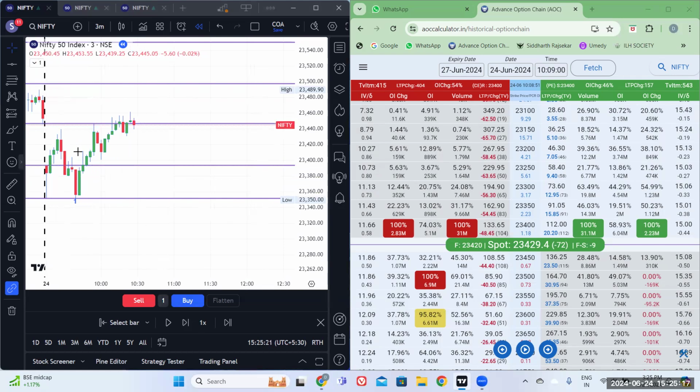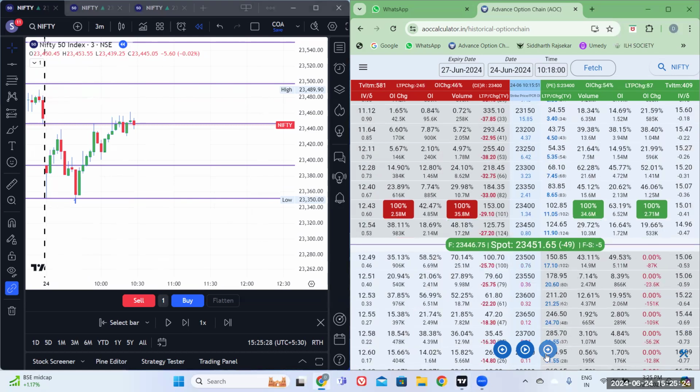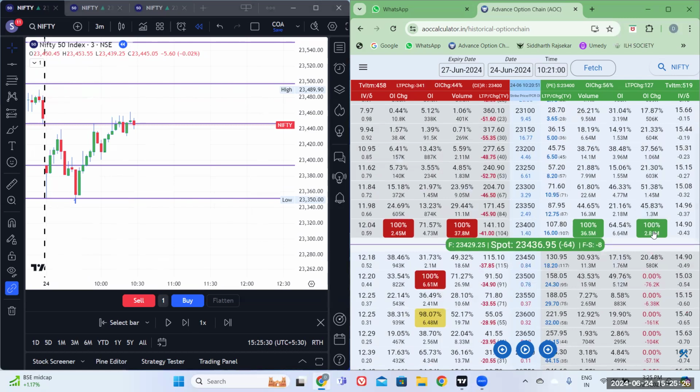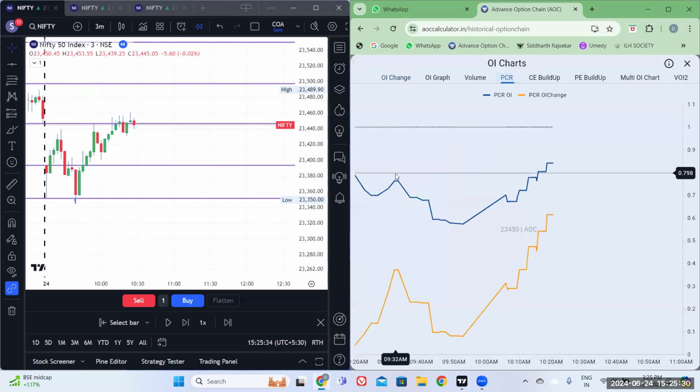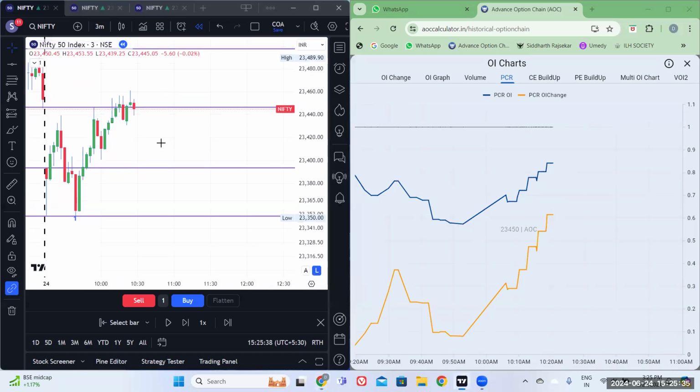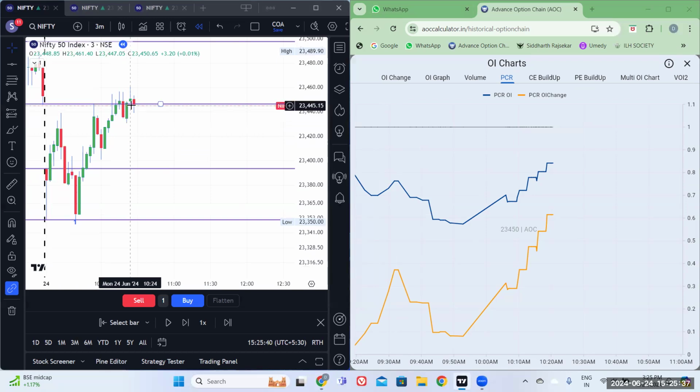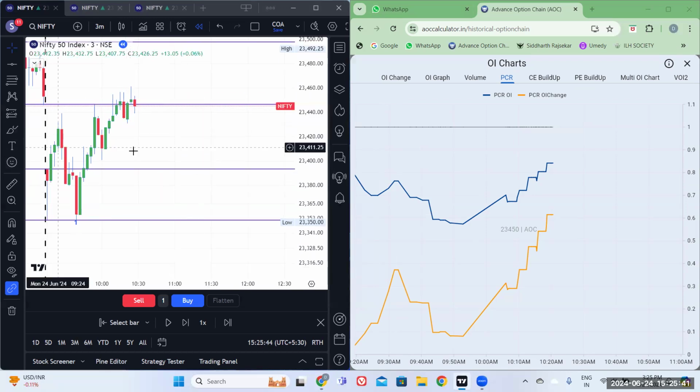And then somewhere here, let's see, 10:21. Here again, let me check this data, whether the day high has been crossed. Yes, the day high has been crossed, and the price also closed above that. So the trade was initiated at the close. This was the second trade.